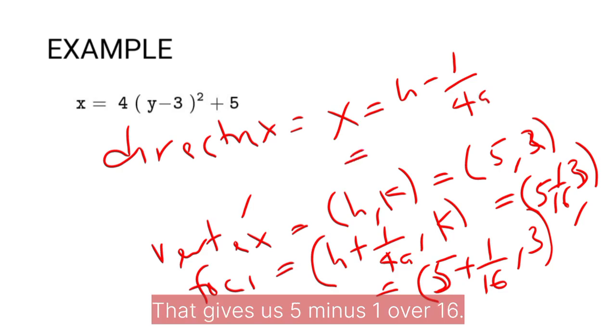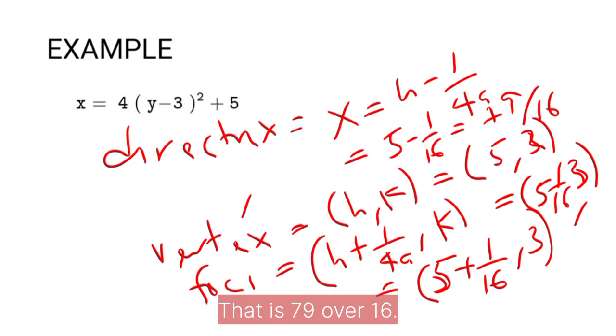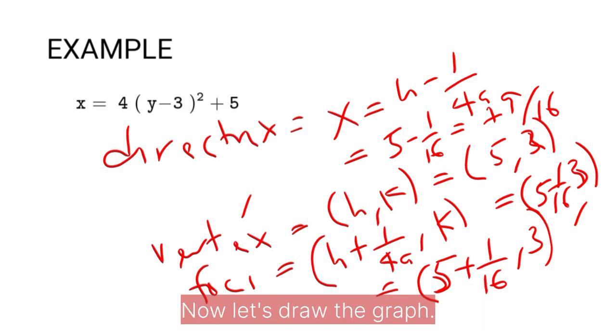That gives us 5 minus 1 over 16, which is 80 minus 1, that's 79 over 16. Okay, this is the solution to the equation given.